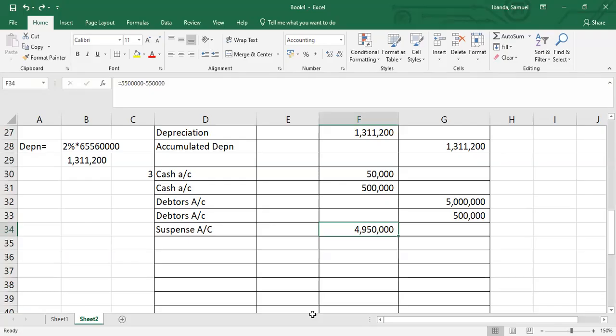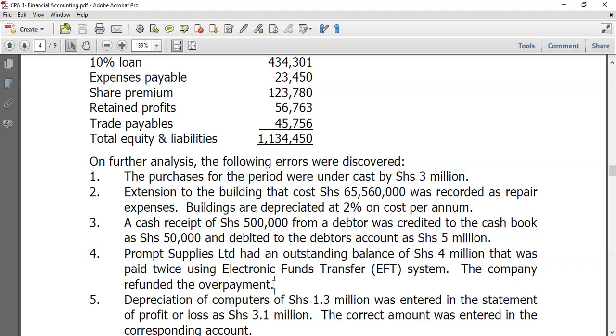Maybe it will also help us to learn much more about how the suspense account works. So they're telling us that Prompt Supplies Limited had an outstanding balance of 4 million that was paid twice using the EFT system. The company refunded the payment. Now, Prompt Supplies is like an accounts payable to us.